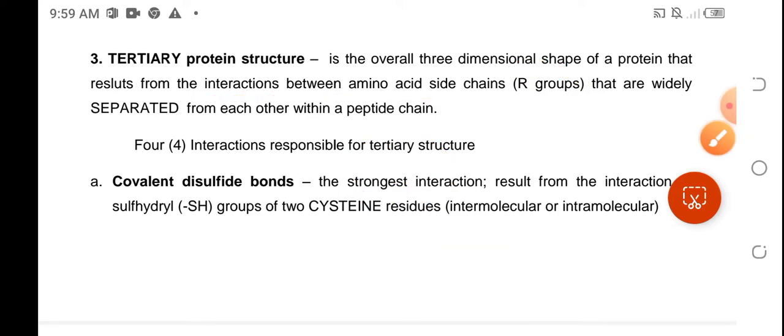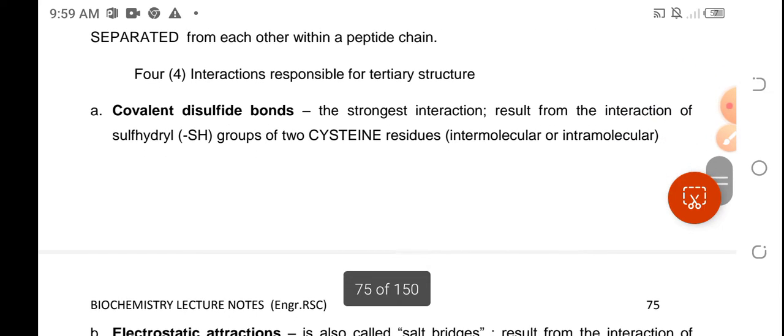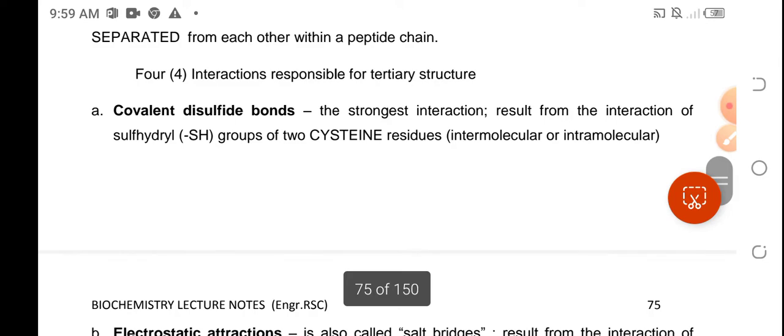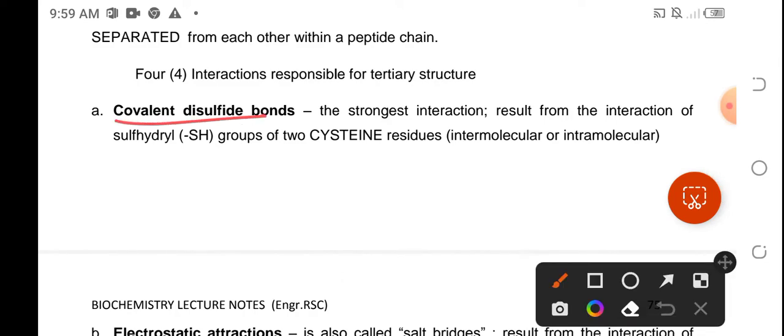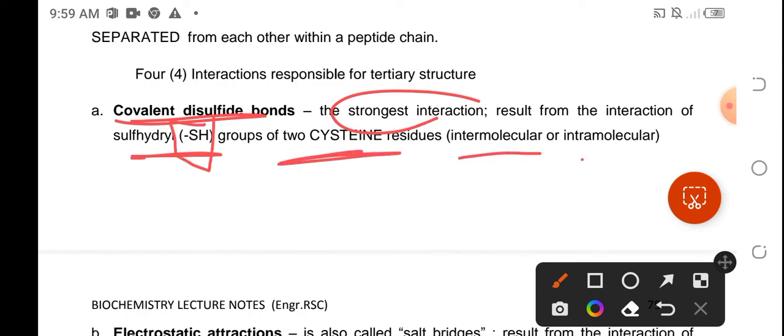Okay? So, let's have the four interactions responsible for the tertiary structure. So let's have covalent disulfide. So this is the strongest interaction. This results from the interaction of the sulfhydryl or the SH group of 2 cysteine. It's either intermolecular or intramolecular.